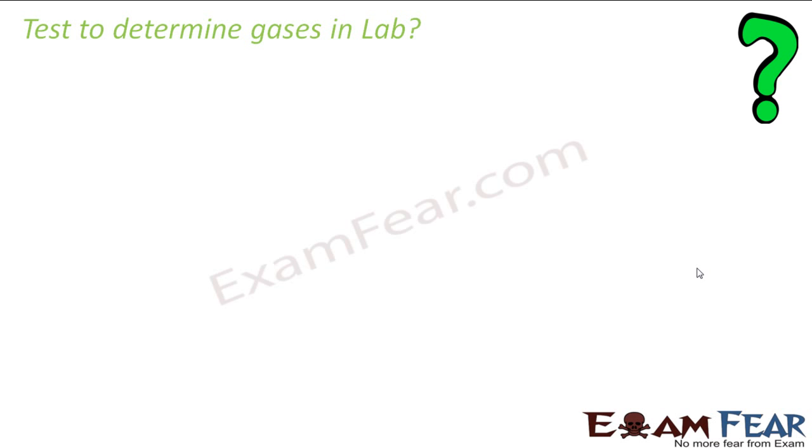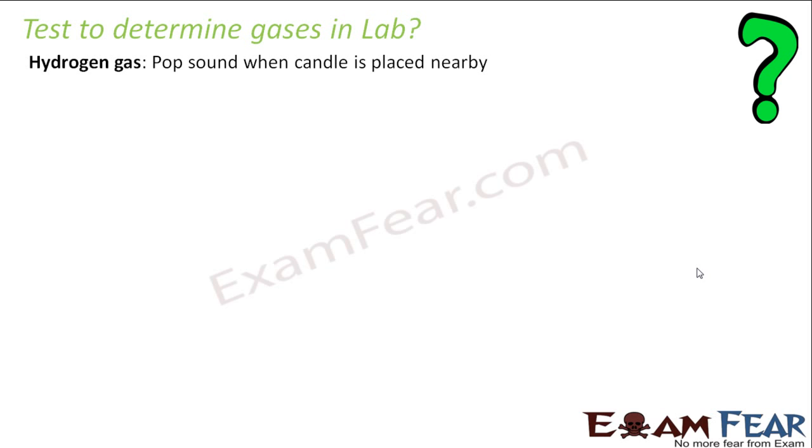One question our students ask is how to determine the gas in lab. What is the normal experiment we use? Normally the kind of gas which we deal with in lab is hydrogen gas and carbon dioxide gas. For hydrogen, a pop sound comes when a candle is placed nearby. So if you want to determine if it is hydrogen, you put a candle nearby, it pops, it's hydrogen.